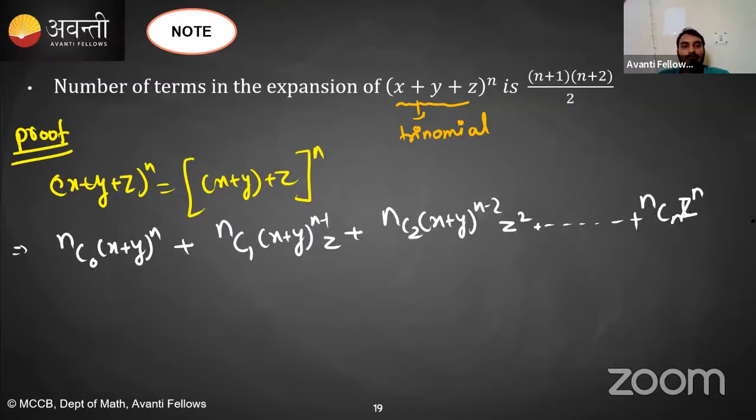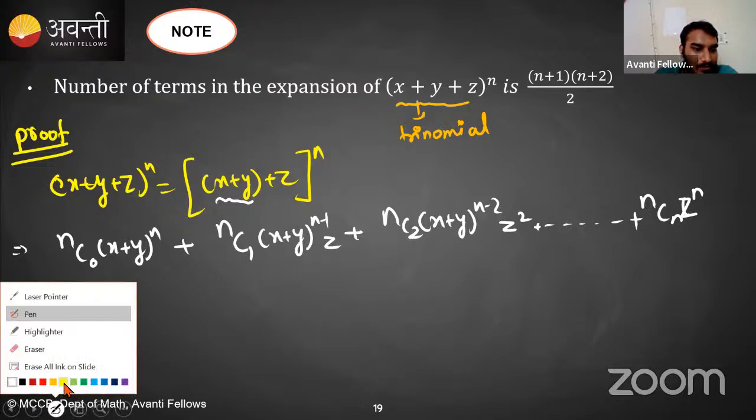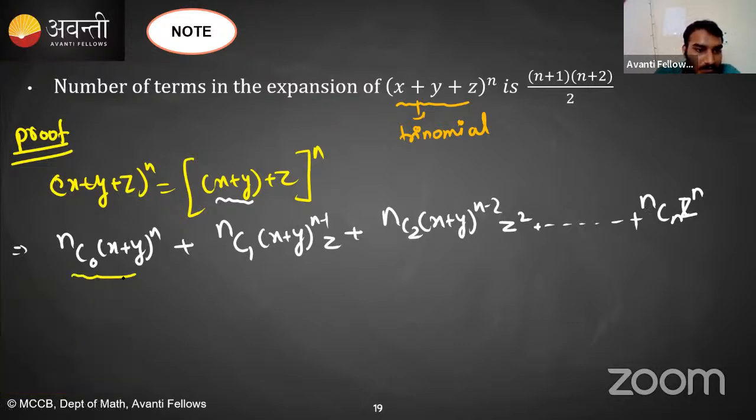Is that clear? I'm just treating x plus y as a single entity and using the binomial expansion. Anyone have any doubt? Now, students, tell me the number of terms.